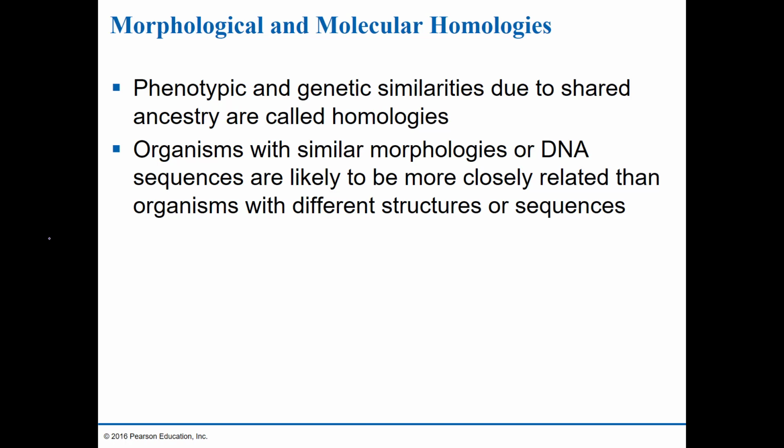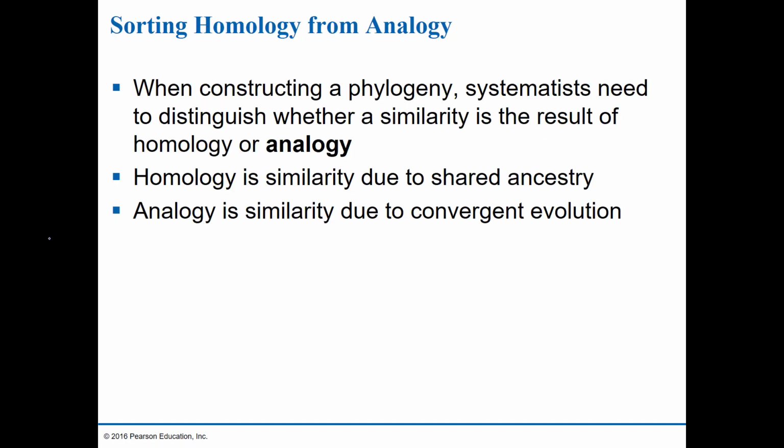Phenotypic and genetic similarities due to shared ancestry are called homologies. So if you've got similarities, we call it homologous or homologies. Organisms with similar morphologies or DNA sequences are more likely to be closely related than organisms with different structures or sequences.